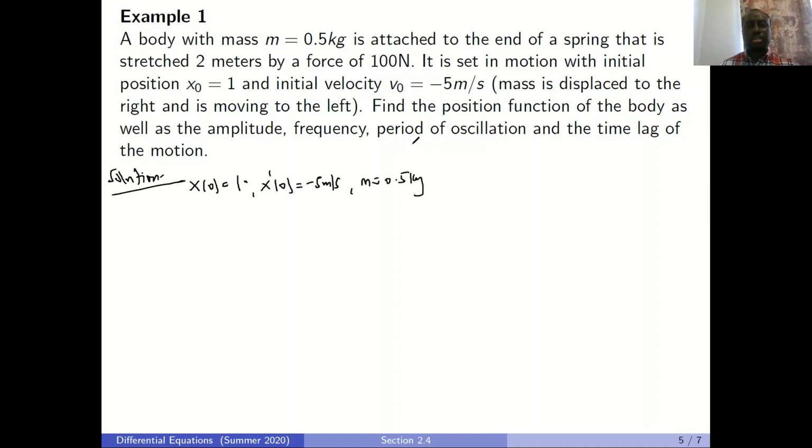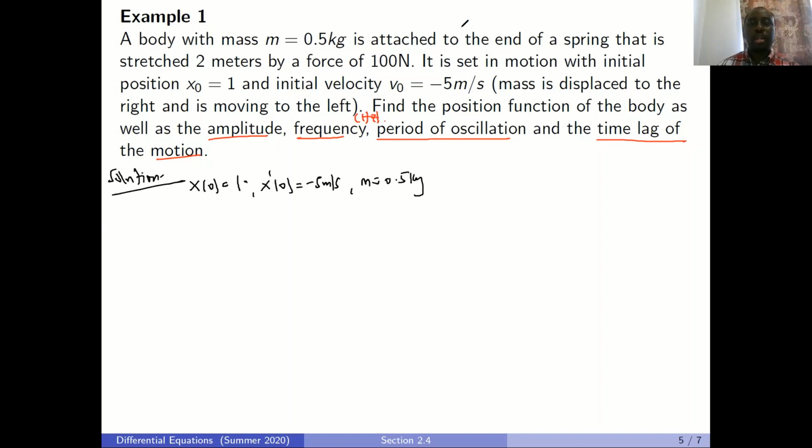All right, so the question is to find the position function of the body as well as the amplitude, the frequency, the period of oscillation, and the time lag of the motion. This is frequency in hertz, which is 1 over period. If I want the circular frequency, I will say circular frequency. So just so that you are not confused.